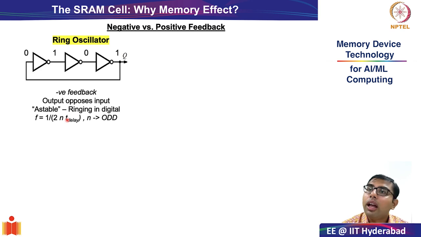Okay? At this juncture, it may be a very interesting question to ask: can you think of a real life physical system which also behaves like this? A real life physical system which has a ringing effect, or is astable. What is the meaning of astable?